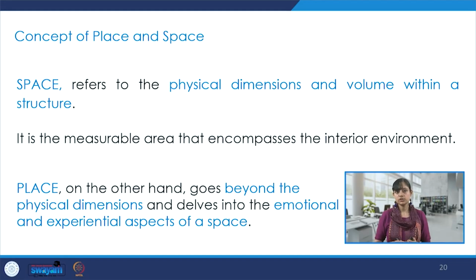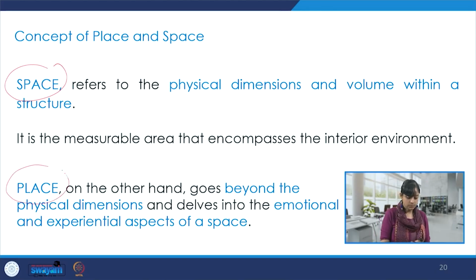There was a discussion on place versus space and what these concepts are and why they are important for interior architecture. We had an elaborate discussion here. I have just summarized it. When we talk about space, it basically refers to the physical dimensions and the volume within a structure, and it is the measurable area that encompasses the interior environment.